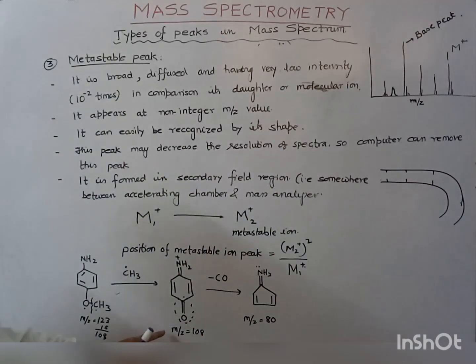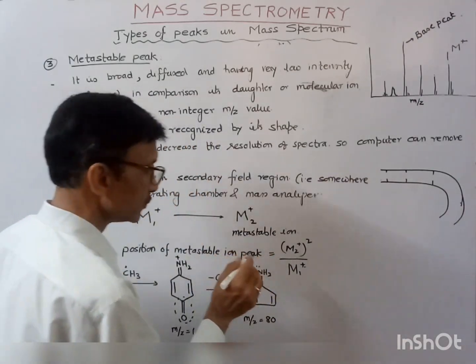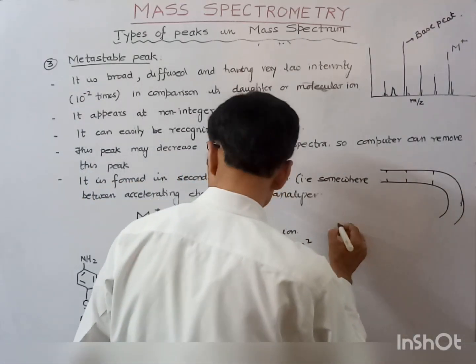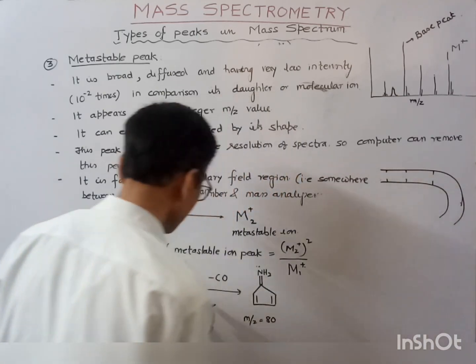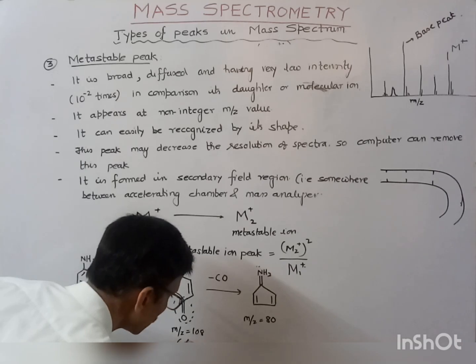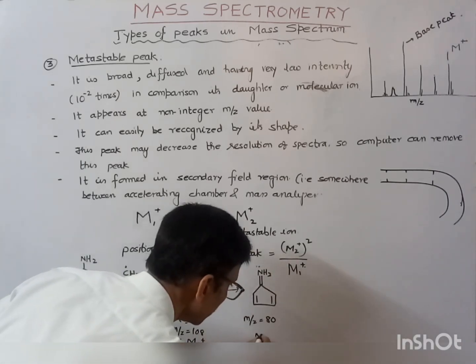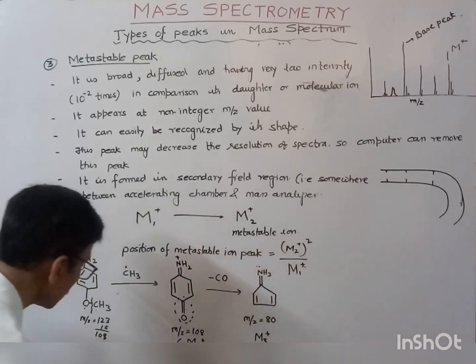Now, suppose this is the metastable ion, then it will show the peak at a non-integer value. So the peak position can be determined using this formula. Suppose this is M1 plus, this is M2 plus, and this is M3 plus.